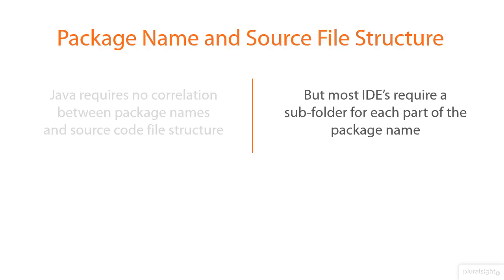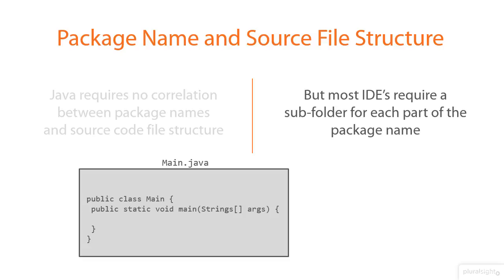So what does that look like? Well, if we build a class as we have earlier, where we didn't put it inside of a package, the way the IDE expects that to go is that you've got your source code folder, and then your Java class file just goes right inside that same source code folder. That's exactly what it expects. But if we now have a package definition in our source code file, the presence of that package name now enforces structural rules on the way the IDE expects the source code to be laid out.